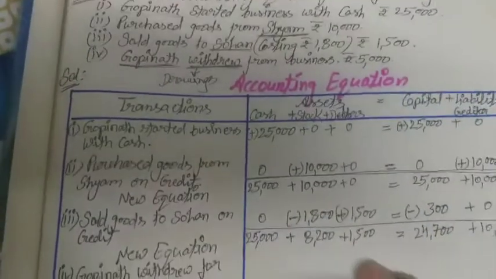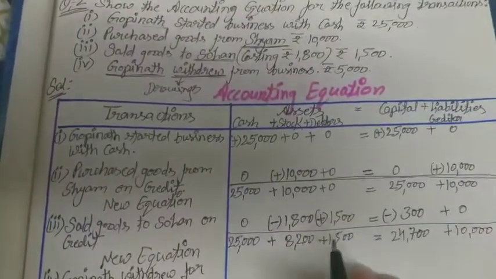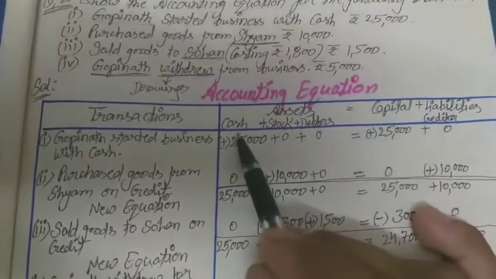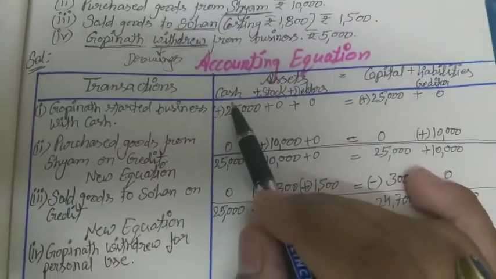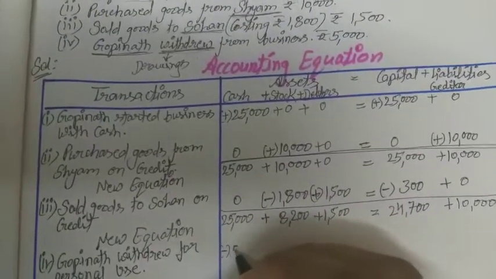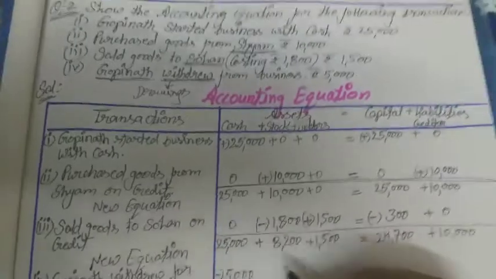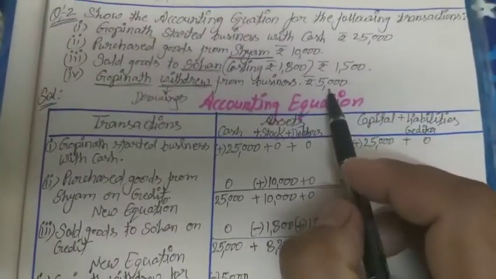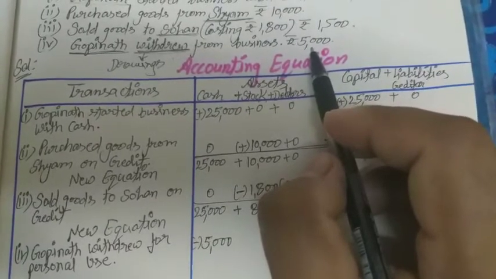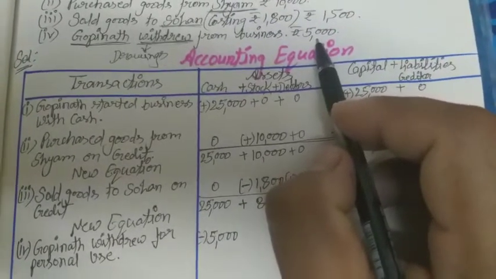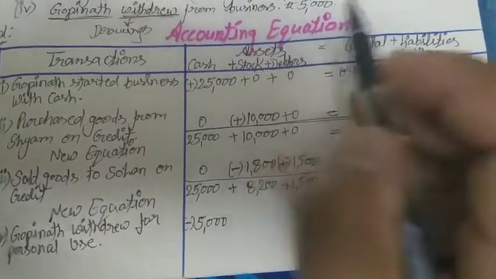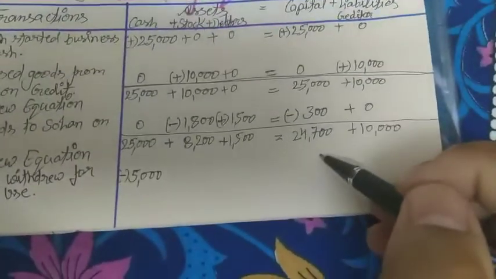So 5,000 rupees is withdrawn from the business. Then 5,000 will be subtracted from the cash because cash is withdrawn by Gopinath. So we will subtract 5,000 rupees from cash. Drawings are generated, and drawings will be subtracted from the capital.